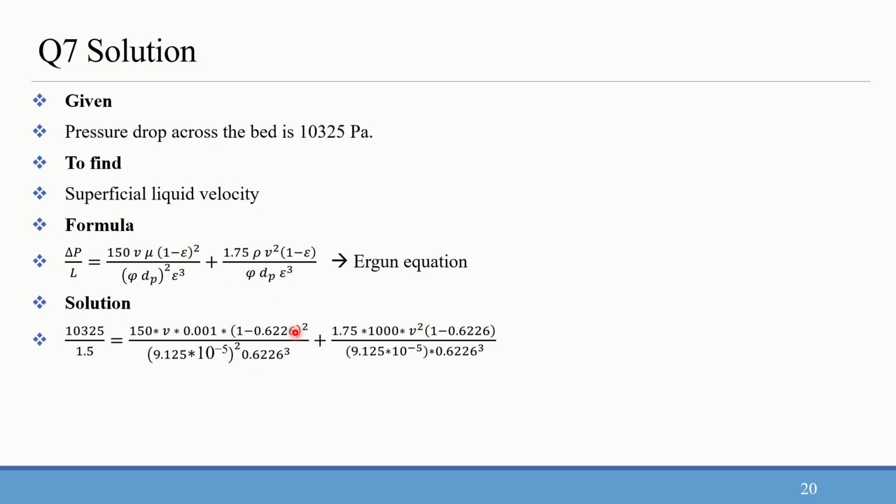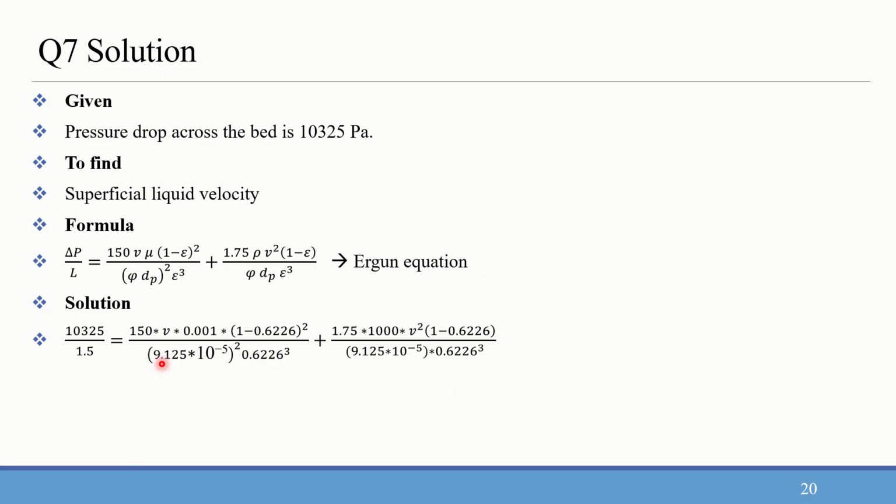Epsilon we found out in the last problem as 0.6226, and divided by phi is 1, dp is 9.125 into 10 power minus 5 whole to the power of square into 0.6226 to the power of 3 plus 1.75 into 1000 into v square into 1 minus 0.6226 divided by phi into dp. So phi becomes 1 and dp is 9.125 into 10 power minus 5 into epsilon cube 0.6226 to the power of 3. So this is the equation.